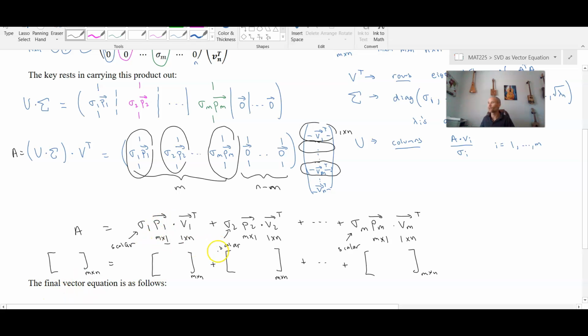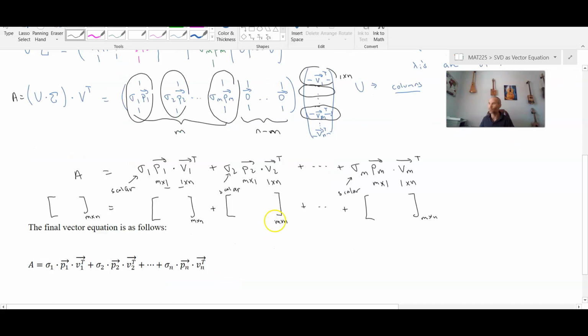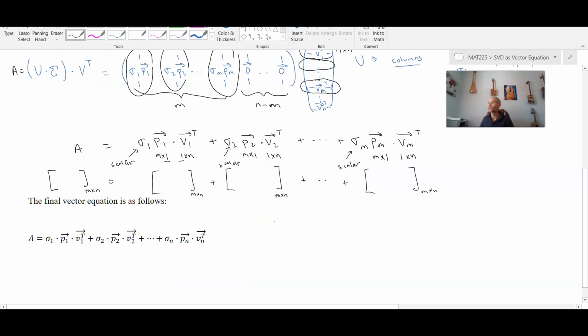Now these are still producing matrices, but I've written it as products of vectors. And so in general, what we've just established is that we will, in theory, have n of these, but some of them are going to potentially be zeros. So we're just generalizing this now to the case where n could be bigger or smaller than m. But the point is, all of these terms are going to form individual matrices.